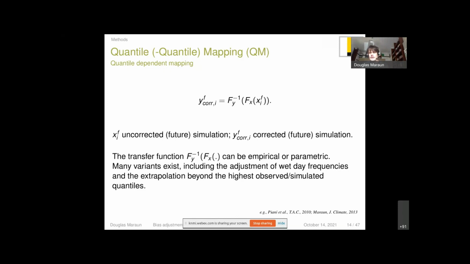So how do you correct an extreme which you have never observed? You haven't got any observed quantiles there, so you have to extrapolate. You could use a parametric model and just extrapolate from that. Or you could assume that beyond what you've observed, the correction factor is simply the same.